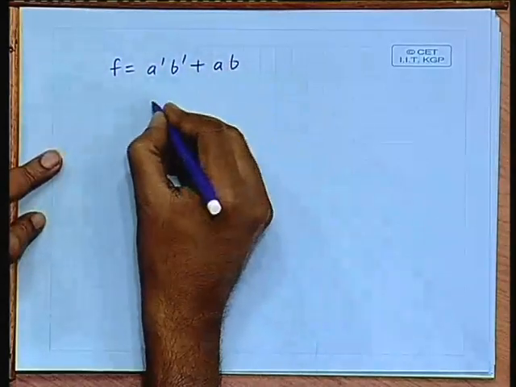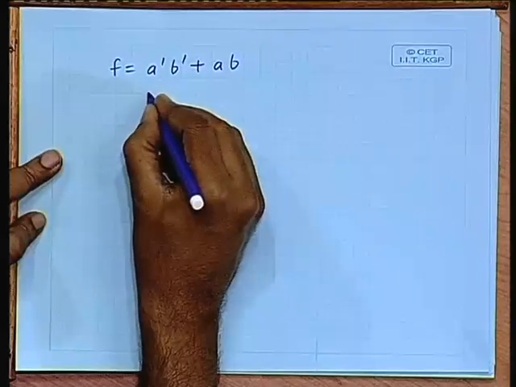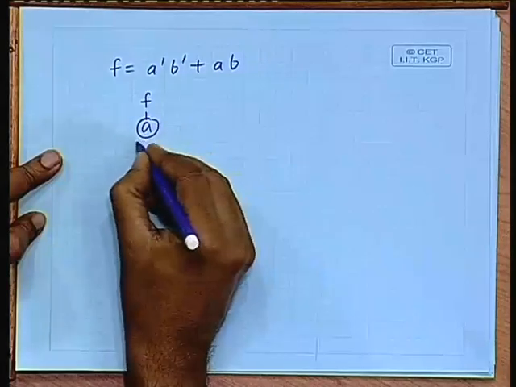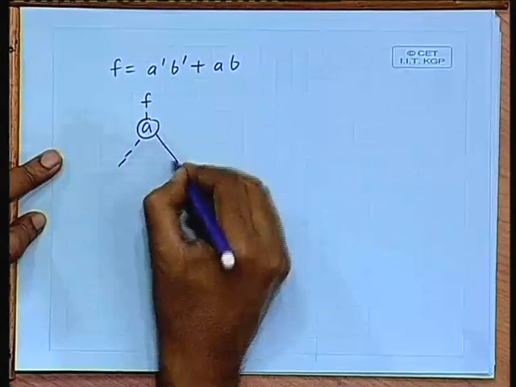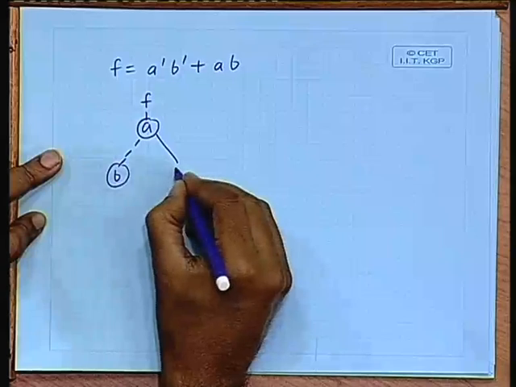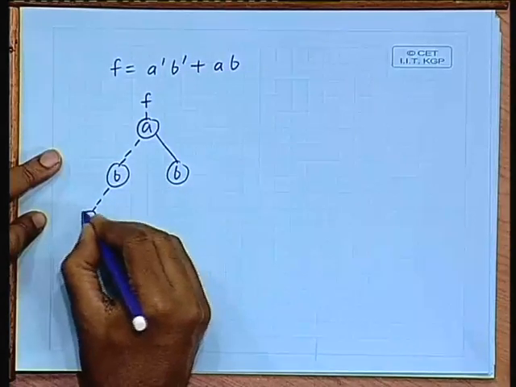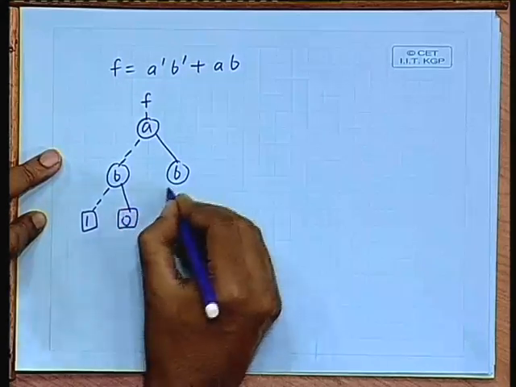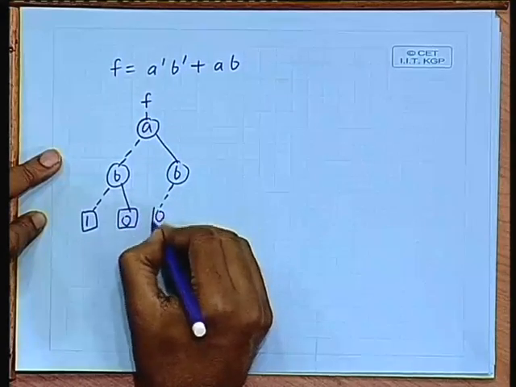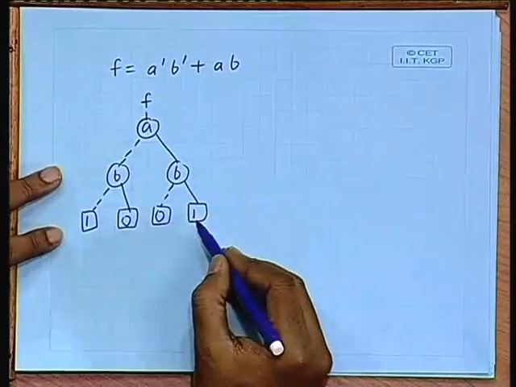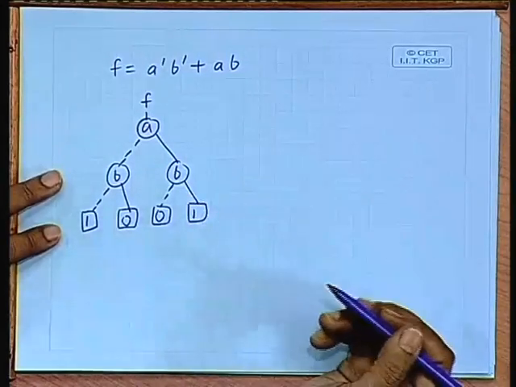If I very quickly draw the BDD for this function, we start with a, then 1 and 0, 0 and 1. Unfortunately, for this function you cannot do any further reduction. This is already in the reduced form.